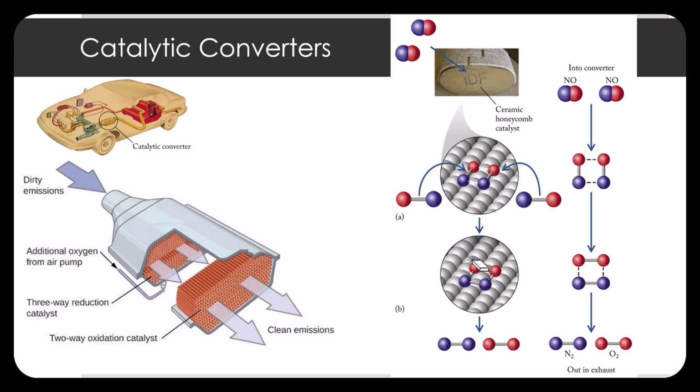What the catalytic converter does is hold that NO in place to promote the rearrangement. It holds the nitric oxide in a very handy format so that the nitrogens line up and the oxygens line up, and we can get this rearrangement. The nitrogen-oxygen bond breaks, a nitrogen-nitrogen bond is created, and an oxygen-oxygen bond is created.